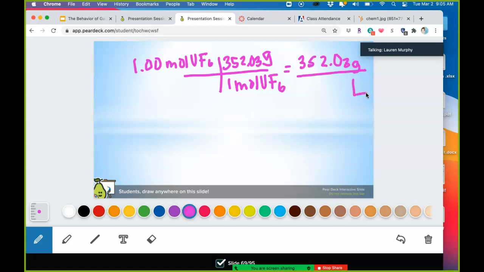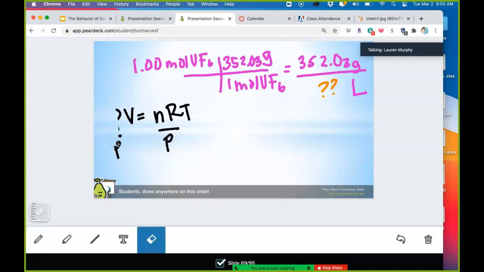Now I need my liters, grams per liter, mass over volume. That's what I don't know right now. So I'm going to use PV equals nRT to get me to liters, which is volume. PV equals nRT. So how do I get volume? I divide both sides by pressure. That's how I get volume by itself. So now, what was my moles from the problem?